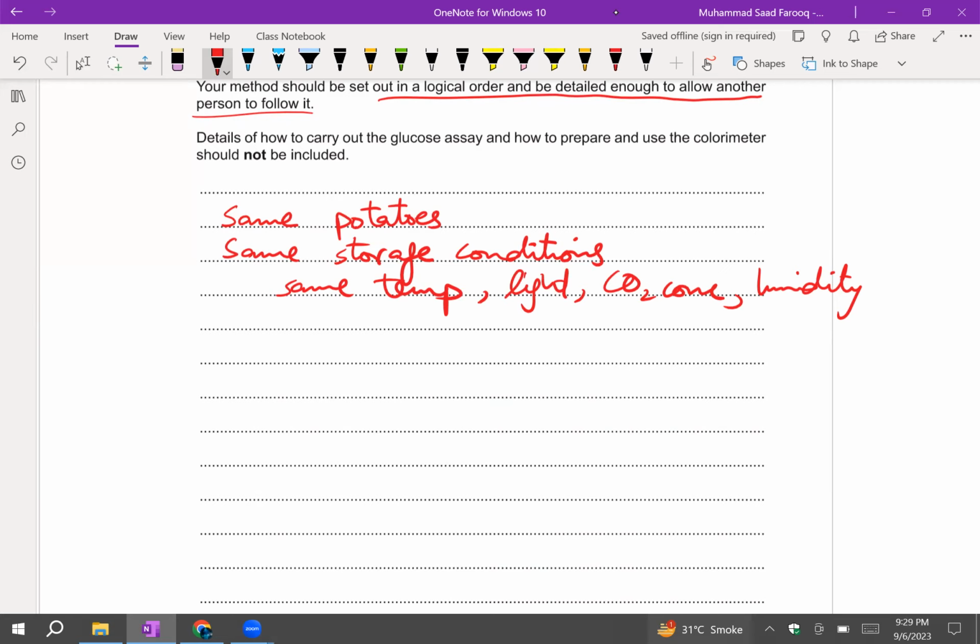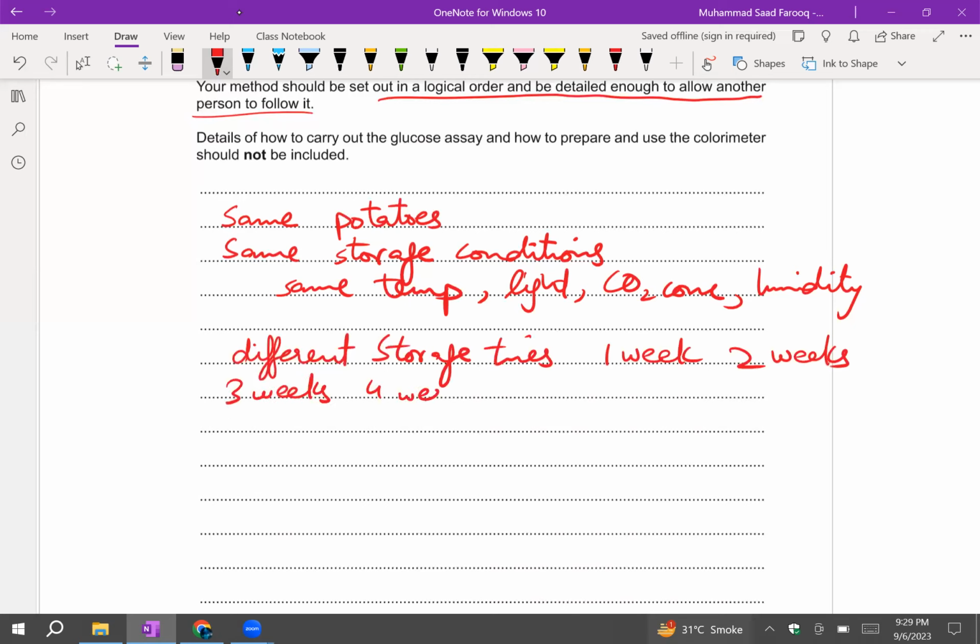Now you will store them for different storage times, for example for 1 week, 2 weeks, 3 weeks, 4 weeks, whatever. You have to state the times.